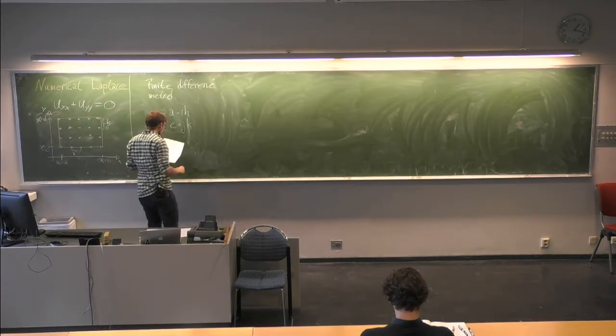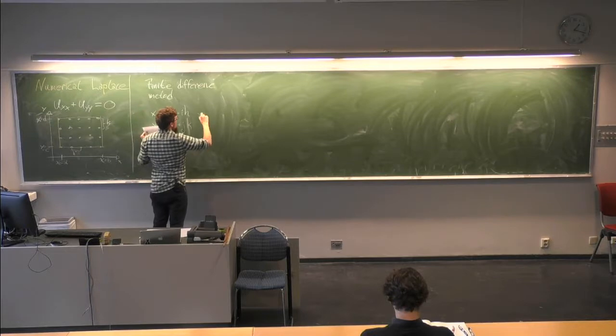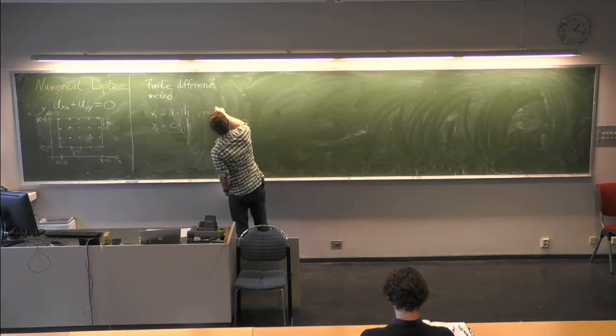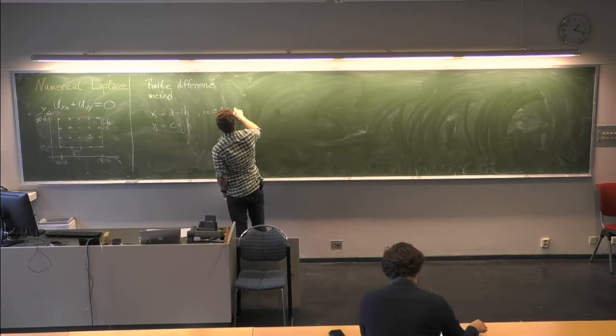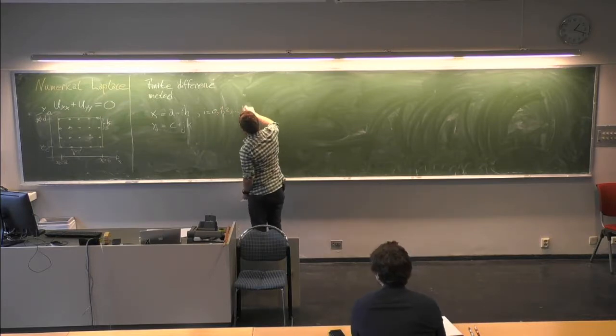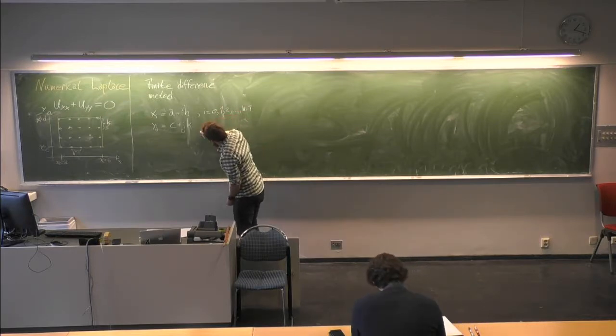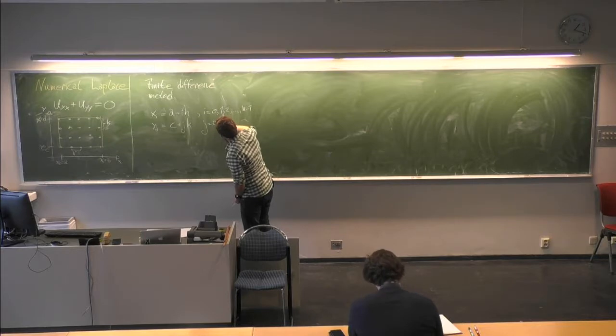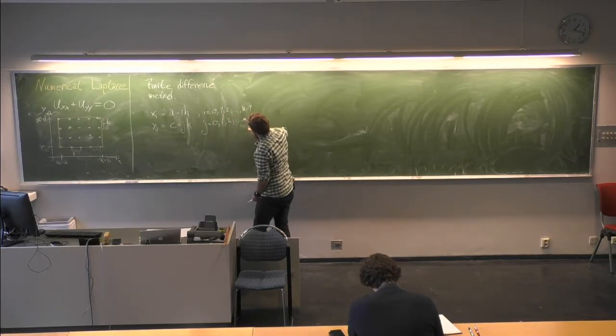So we have nx points, i equals 0, 1, 2, all the way to n minus 1, and for j, all the way from 0, because 0 gives us all the way over there, 1, 2, up to m minus 1.